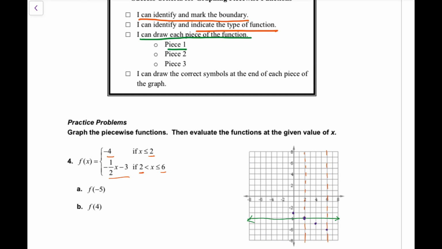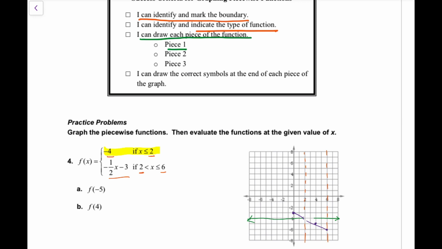Okay, now we're going to erase any pieces that are not part of the function. Okay, so the -4 graph, or y equals -4, is only when x is less than or equal to 2.